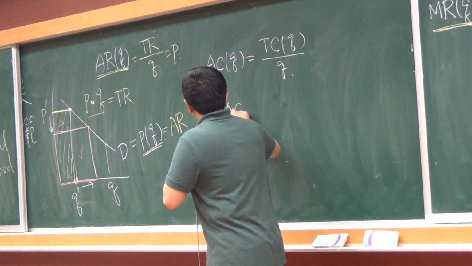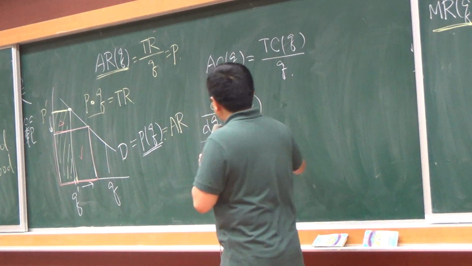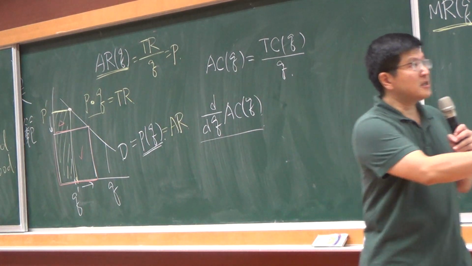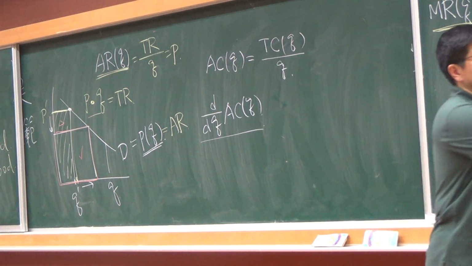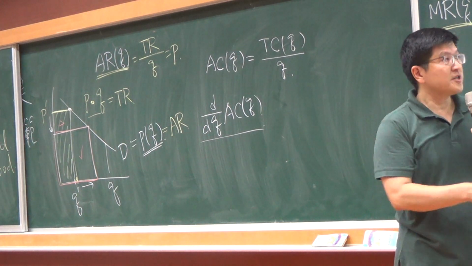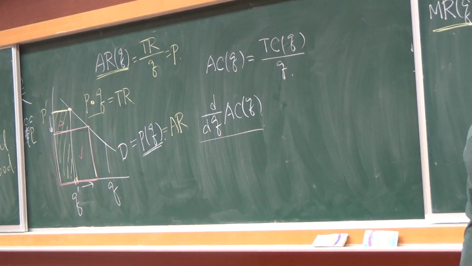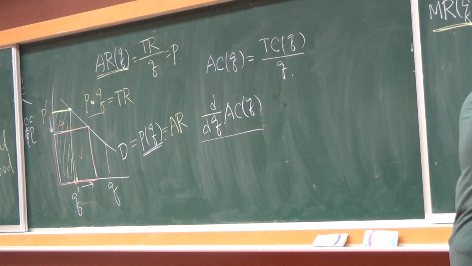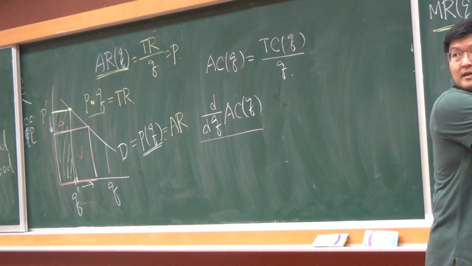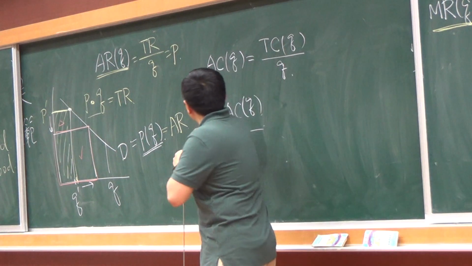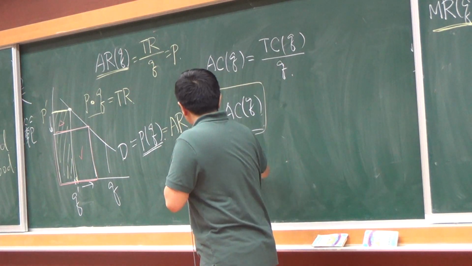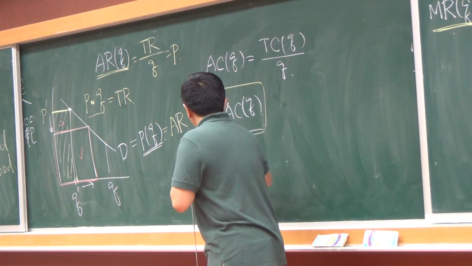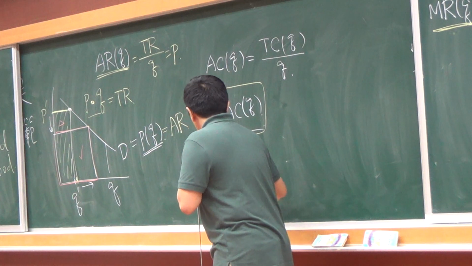And what does this mean? If the curve of average cost looks like this, the differentiation of AC with respect to Q is actually the slope of this curve. Okay? So this term is actually the slope of the AC curve.